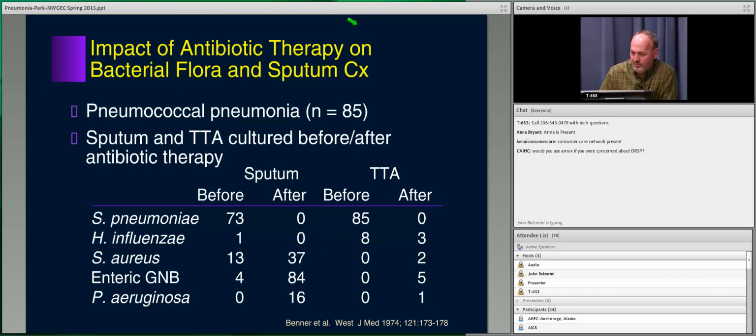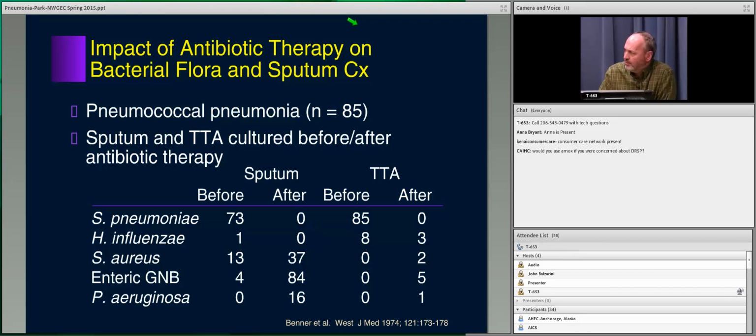Very few other positive TTAs, 8 H influenza and 0 staph, enteric gram-negatives, or Pseudomonas. They got antibiotic treatment, and then they repeated the sputum and repeated the TTA. Look at all the stuff in the third column over sputum after. Look at all the stuff that grew out of the sputum.